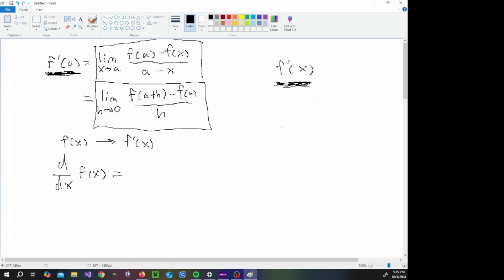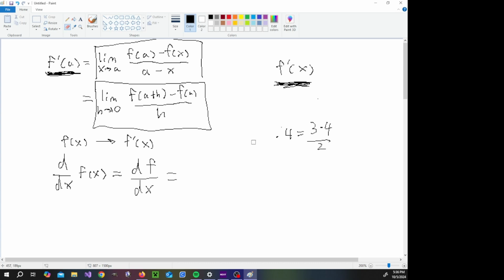We also sometimes write df over dx, and that is the exact same thing, just a different notation. It kind of looks like a fraction. If I have 3 halves times 4, sometimes we may write this as 3 times 4 over 2, so it's kind of the same thing happening there.